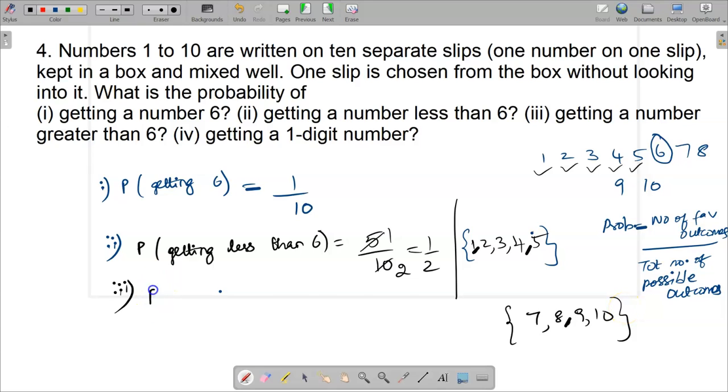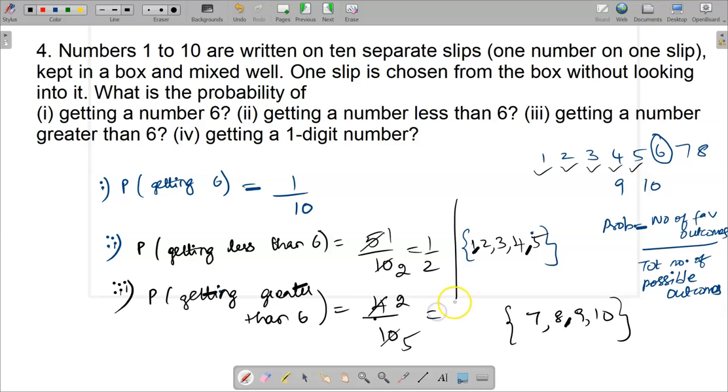So the probability of getting greater than 6: 7, 8, 9, 10, total number of favorable outcomes is 4, 4 by total number of possible outcomes, which is 10. 2 2s are 4, 5 2s are 10. So the answer is 2 by 5.